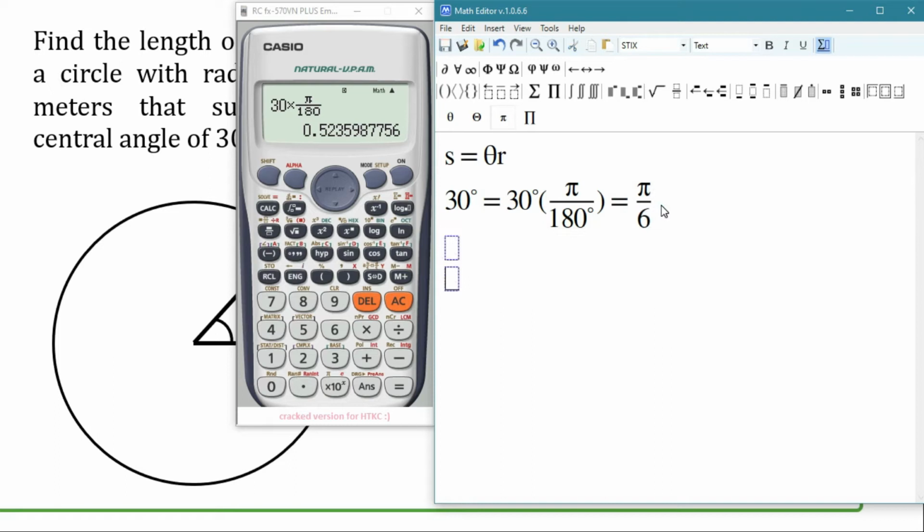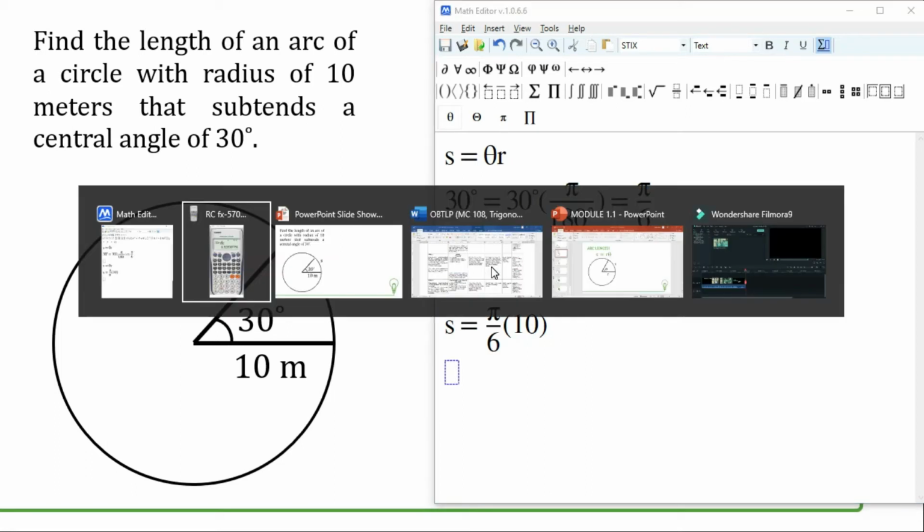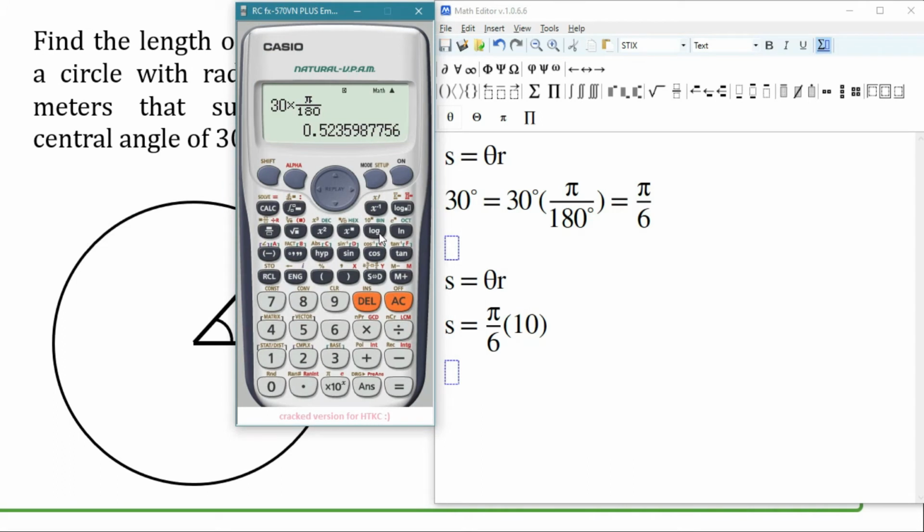And what we're going to do is plug in the values into our formula, which is s equals theta multiplied by the radius. So s would be equivalent to pi over 6 multiplied by the radius, which is 10 meters. That is pi over 6 multiplied by 10.